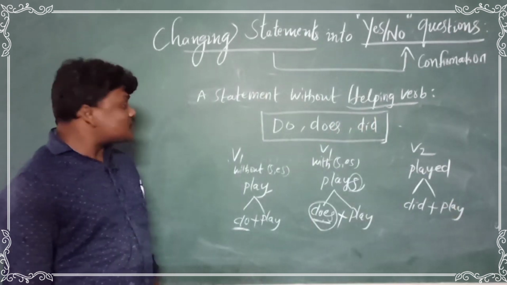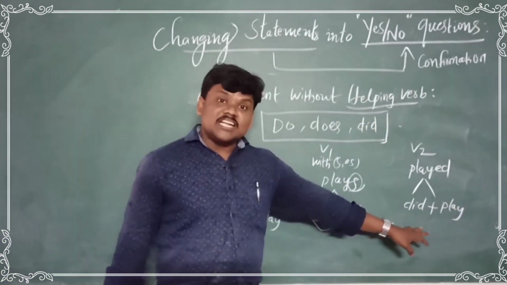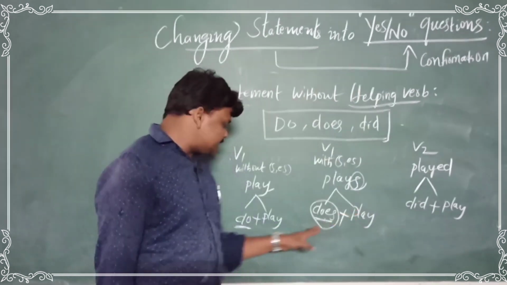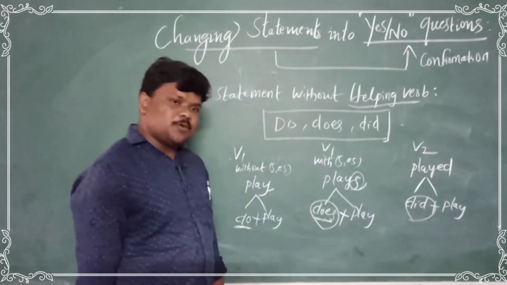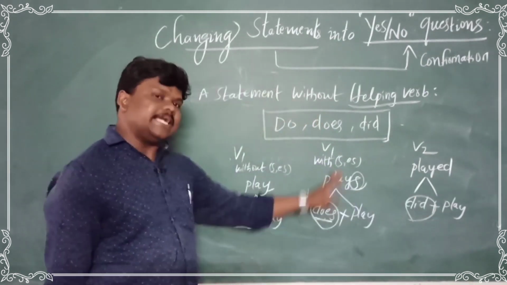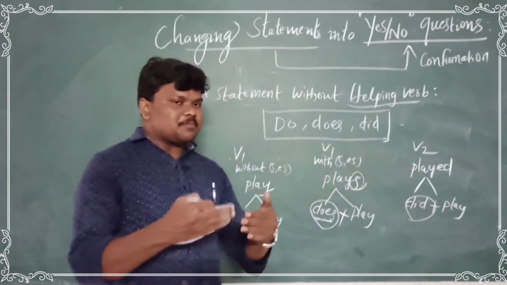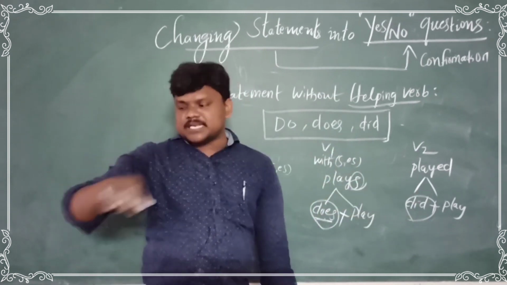So that's why these are called devils, ghosts, which are hiding in the main verb. Though there is a main verb, the helping verbs are hiding in it. Those are do, does, did. If a statement came without a helping verb, we should remember do, does, did compulsorily.